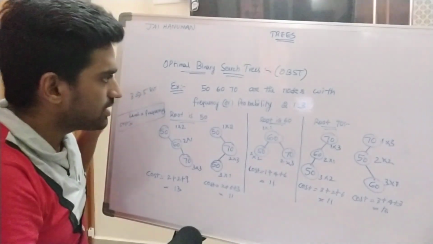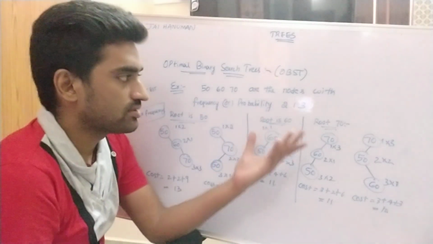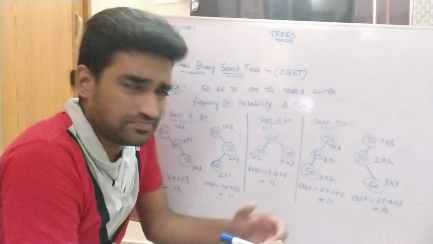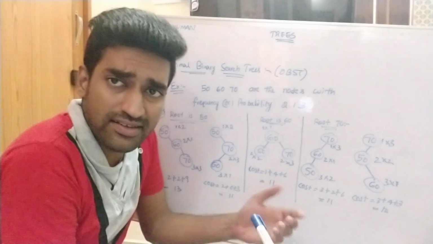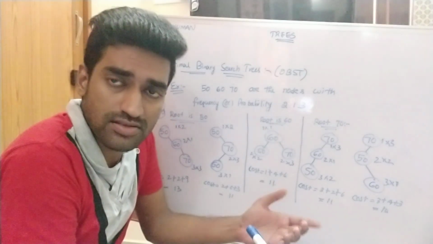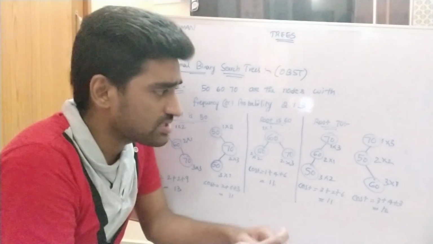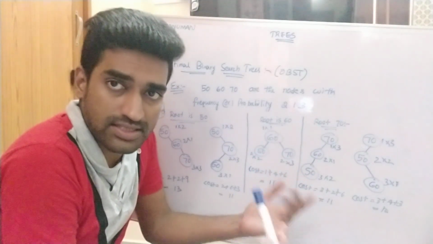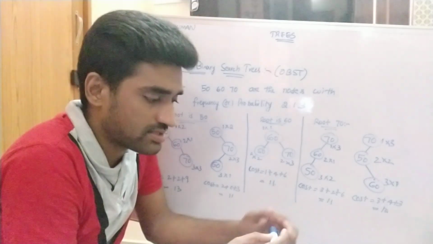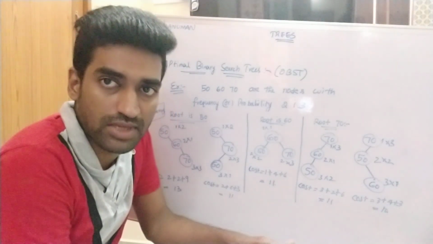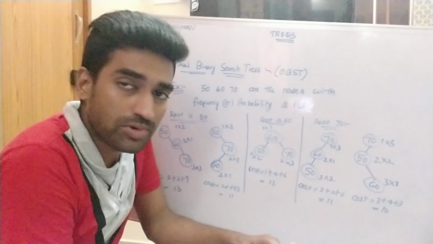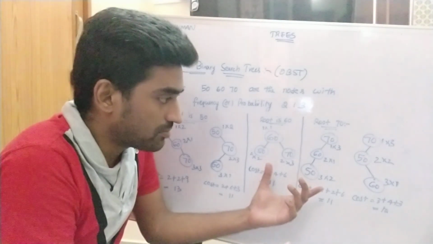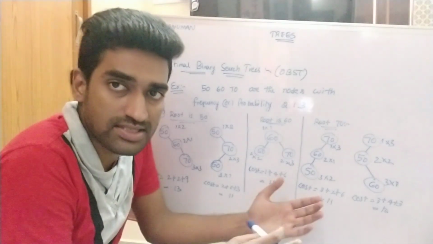For n equal to 3, 5 trees are generated. As the number of nodes increases, obviously the number of binary search trees also increases. So it is very difficult to generate that many binary trees. In such cases we use the dynamic programming concept, by which we can directly generate the minimum cost binary search tree for a given set of elements.